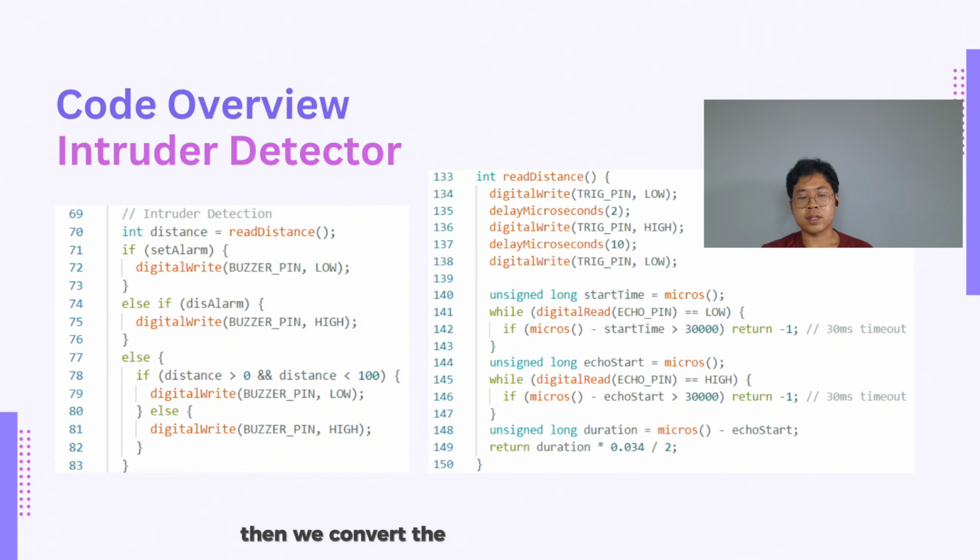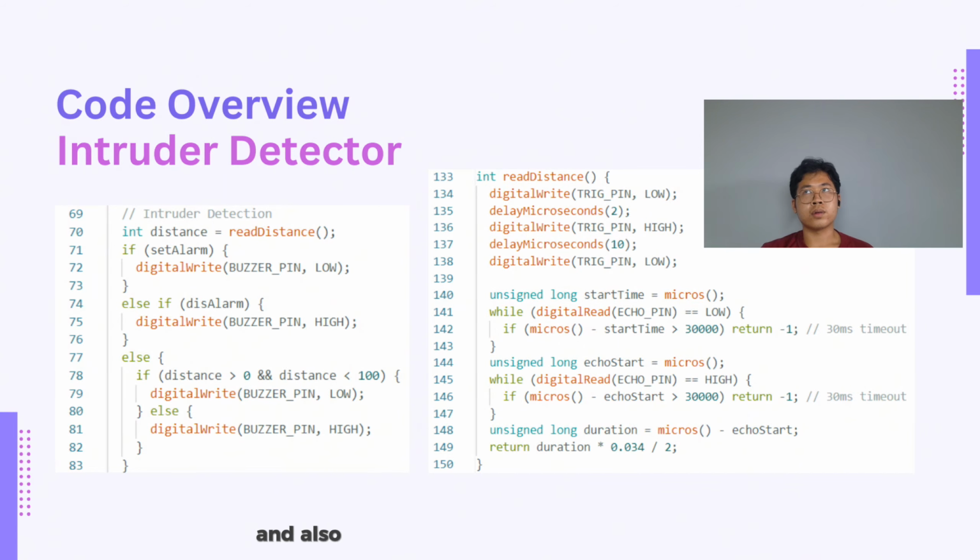Then we convert the time duration into distance. Then if the distance is between 0 and 100 centimeters, we will turn on the buzzer or the sound device. Otherwise, it will be turned off.